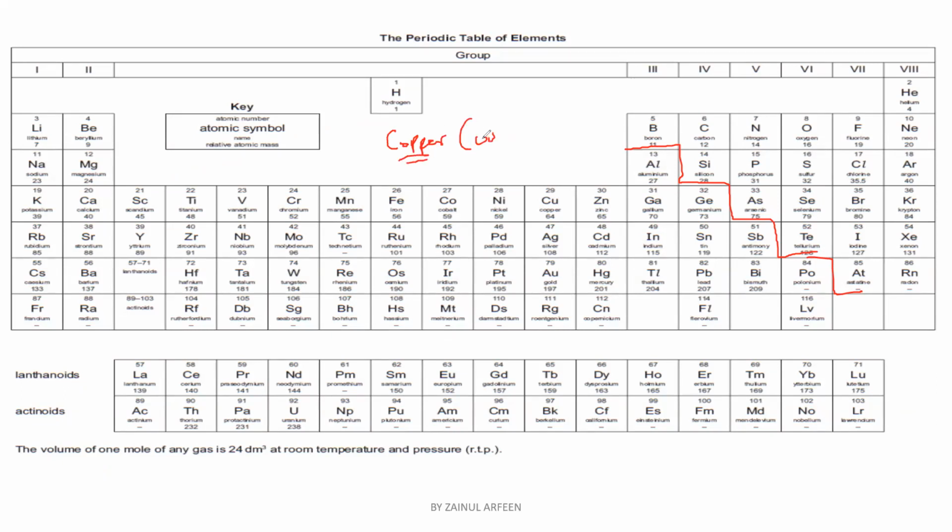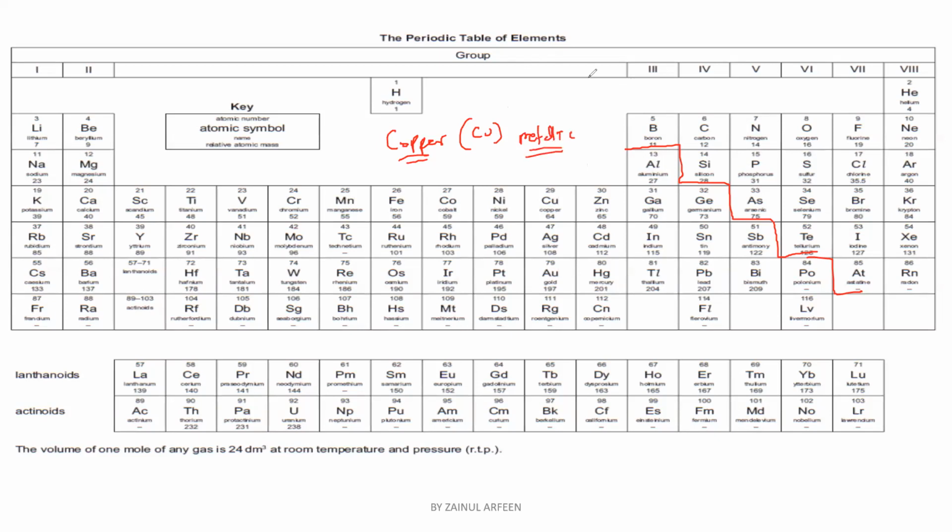Copper is Cu. The three types of bonding are ionic, covalent, or metallic. So what kind of bonding is there within the copper metal? Is it ionic, covalent, or metallic? Because copper alone is there, it will be a metallic bond.